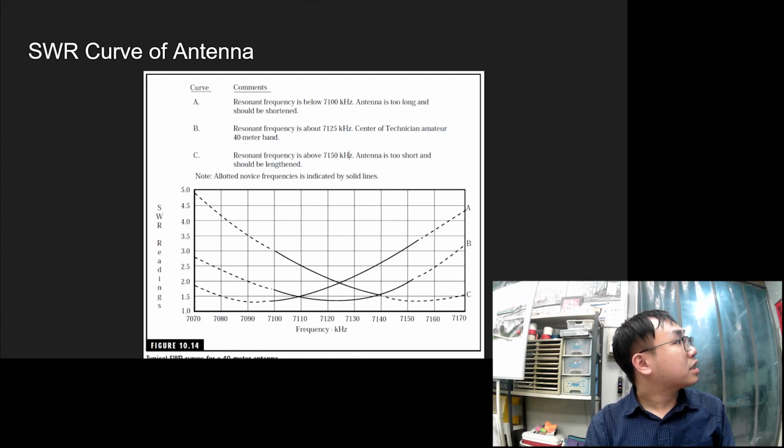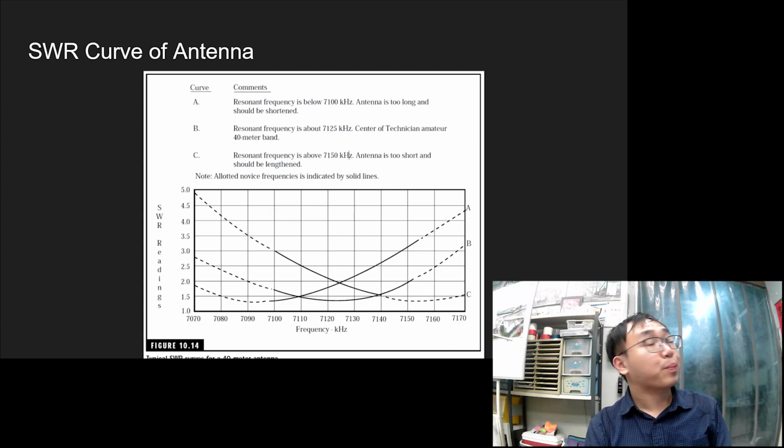Yes, so you see they may give you antenna A and ask you, hey, I'm going to receive the 40 meter band, 7125 kilohertz. Should I lengthen the antenna or shorten the antenna? So in this case, the resonance frequency is too low. You want to increase the frequency, right?